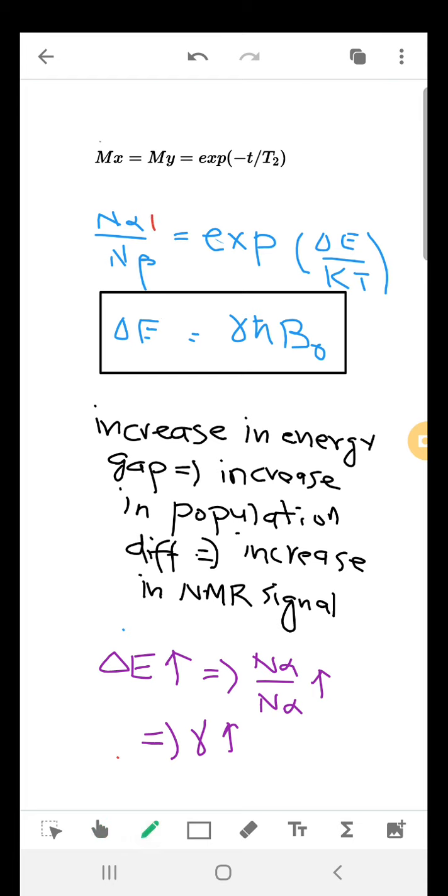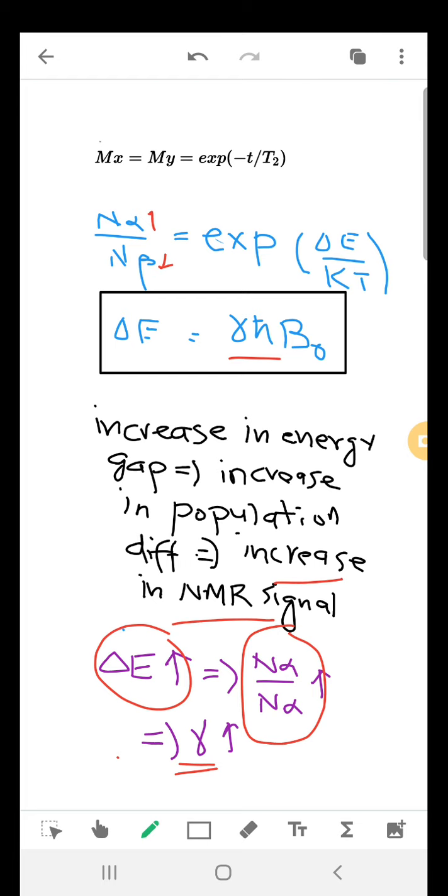Alpha is the spin-up state, and beta is the spin-down state, and the energy between these two is given by this expression. If there is an increase in this energy gap, it will cause an increase in the ratio of the number of spins in the spin-up and spin-down states, and it will also increase the value of gamma. So it will increase the sensitivity, and the NMR signal will be more enhanced.